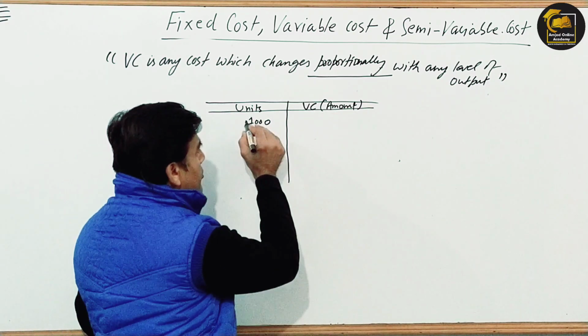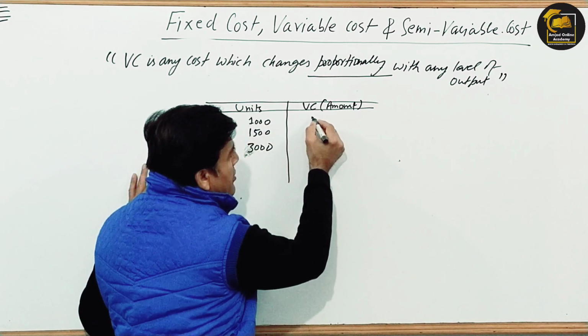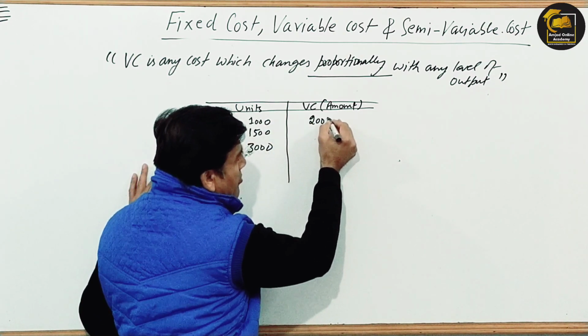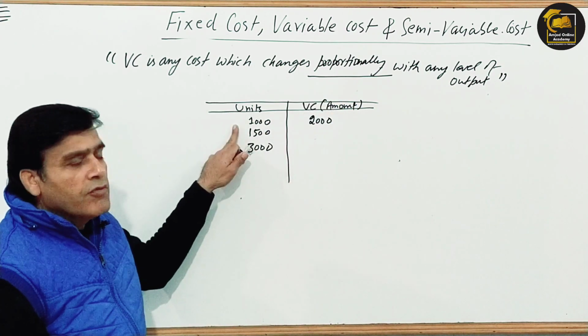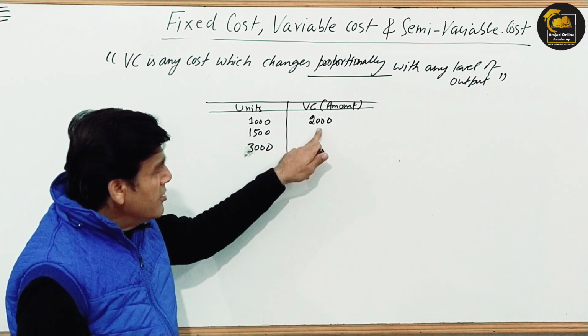Suppose at 1000 units the VC was 2000 rupees. When you are producing 1000 units, the variable cost is 2000 rupees.